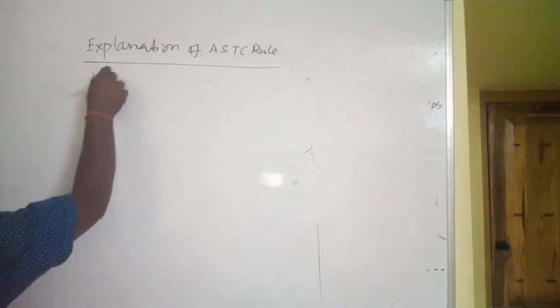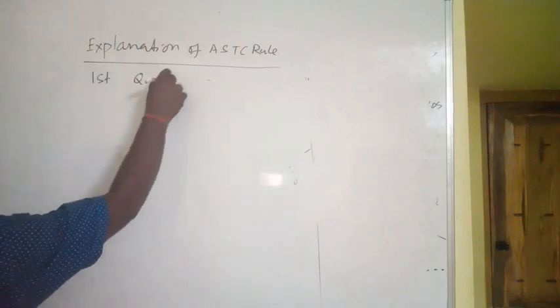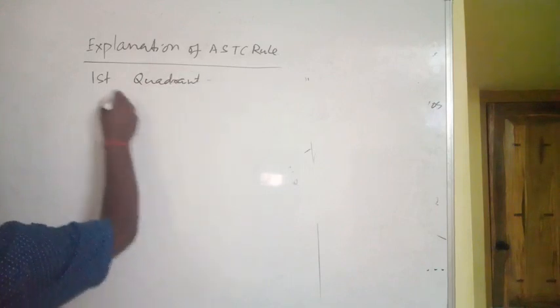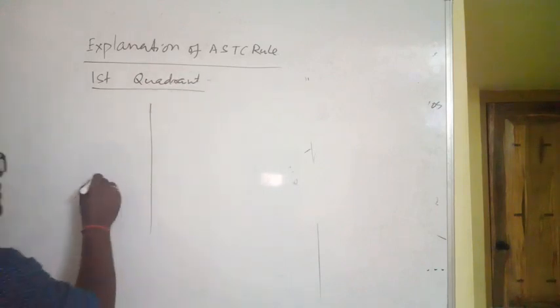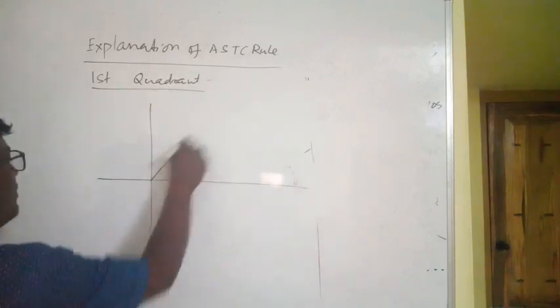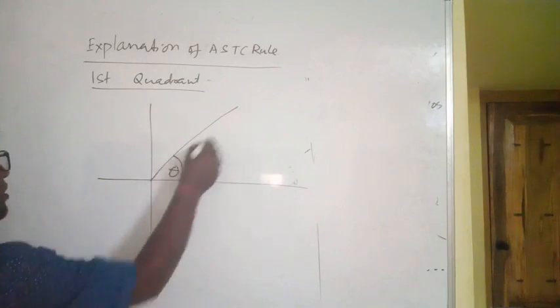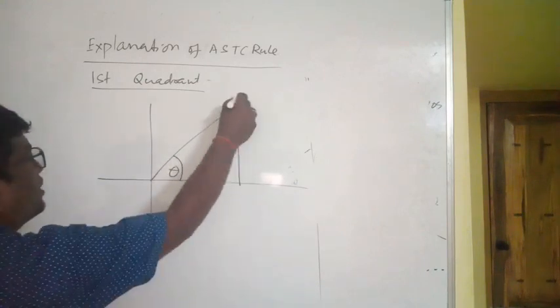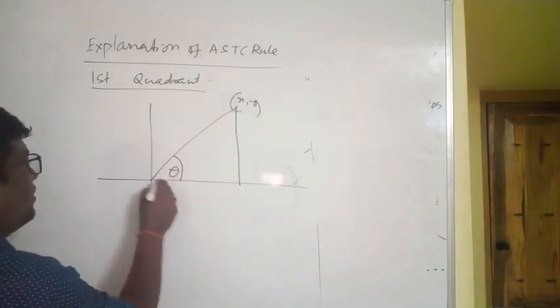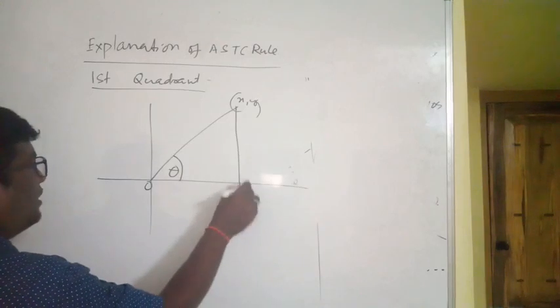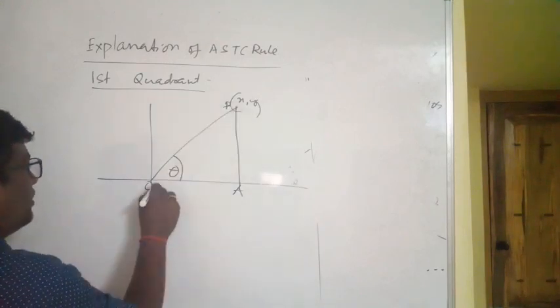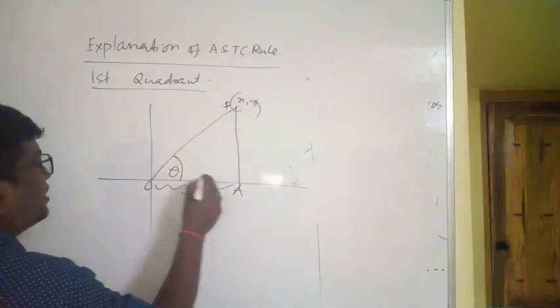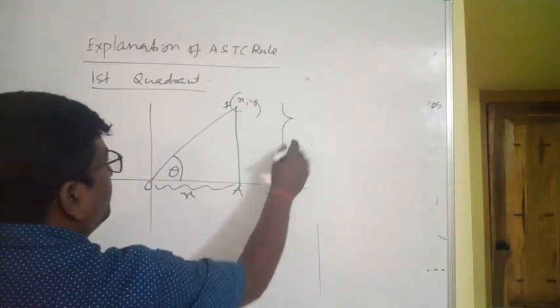First quadrant. This is the first quadrant, and this is theta, and this is (x, y). This is O, this is A and this is P; this is x and this is y.